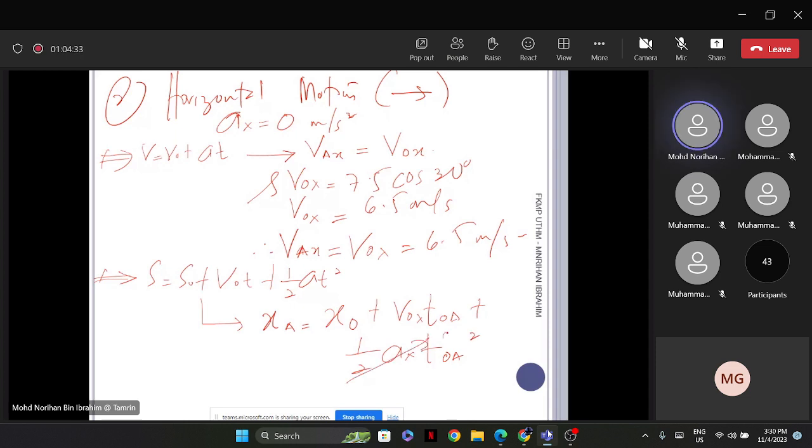Since AX is equal to 0, we can cancel it. So it becomes XA is equal to XO plus VOX TOA. Let's consider the first one as first, and this one as second.